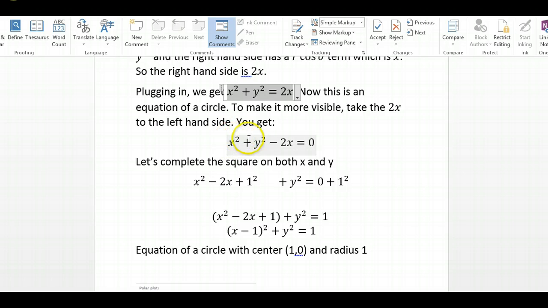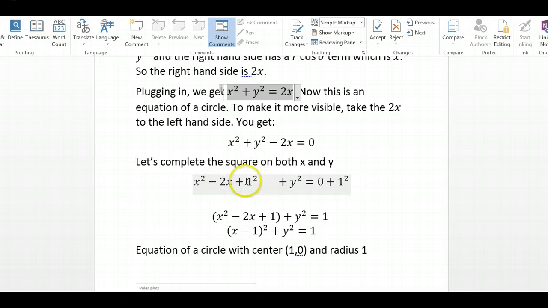So let's put the x squared and the x terms together, then you get x squared minus 2x, and the y squared. To complete the square on x, you take 1/2 of the middle term. The middle term is negative 2, so 1/2 of that is negative 1, and you square it and add.